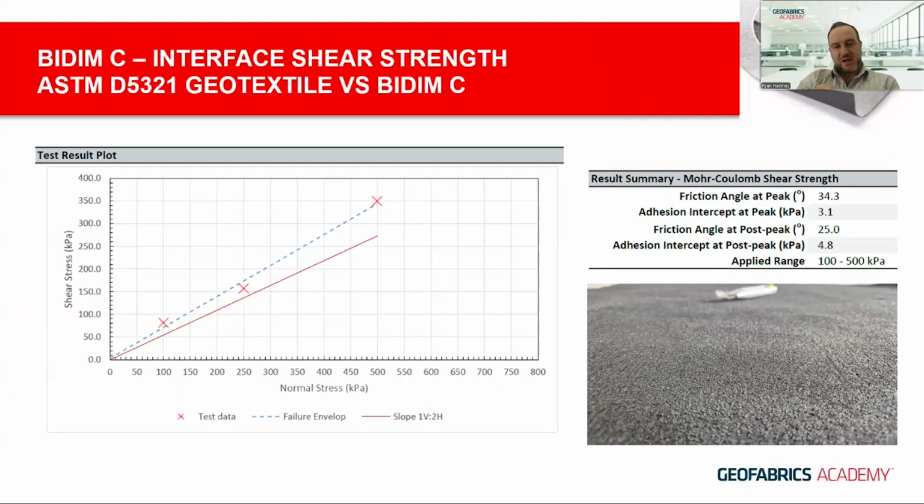This has just been a shear box test that's been conducted over 100 to 500 kPa normal stress, and that's the conductive surface being sheared against just a standard geotextile, and you can see peak friction angles achieved on the order of 34 degrees. So that's quite comparable to a structured textured geomembrane in terms of the friction that can be enabled there.